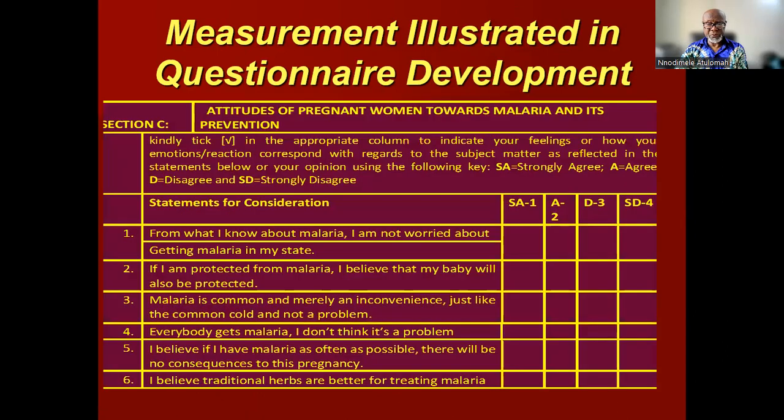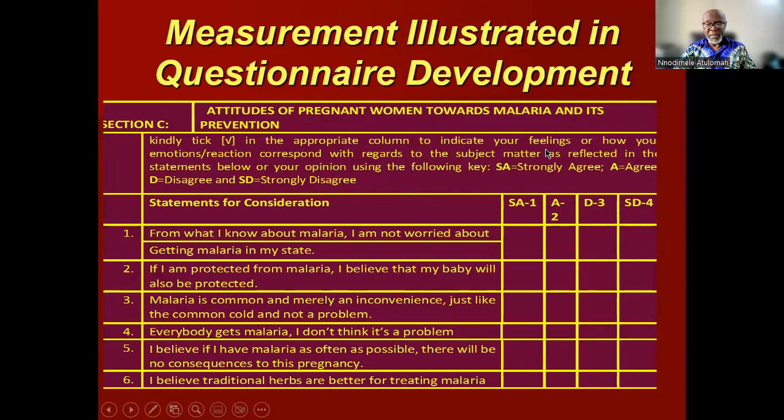So this is it. Then this is another section, the attitudinal disposition of pregnant women towards malaria and its prevention. All right, so there must always be a statement that will direct the respondent in what to do and how to think. So here is one for this attitudinal section. Kindly tick in the appropriate column to indicate your feelings.